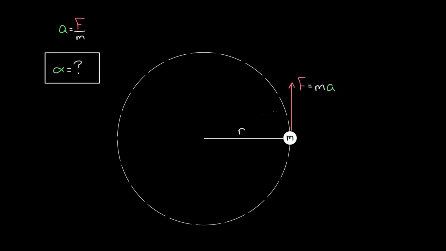So let's write down the torque formula. How do you find the torque from a force? Remember that the torque from a force is going to be equal to the force exerting that torque times r, the distance from the axis to the point where the force is applied. Now in this case, that's the entire radius, because we applied this force all the way at the edge.